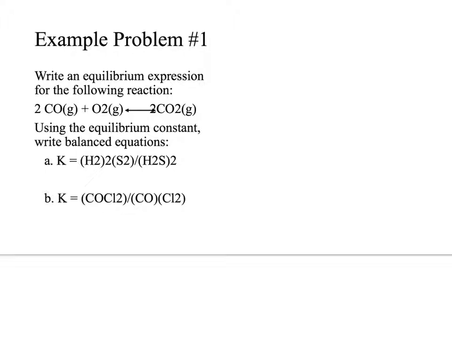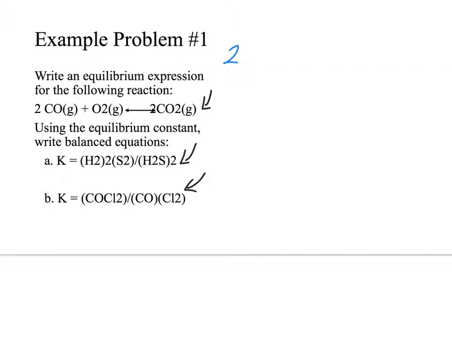Let's look at an example problem now. In the first example here, we're going to write the equilibrium expression. In the second part, we're going to write the balanced equations. Right, so let's take a look at these in more detail. Now, I have to apologize for the way the reaction comes out.